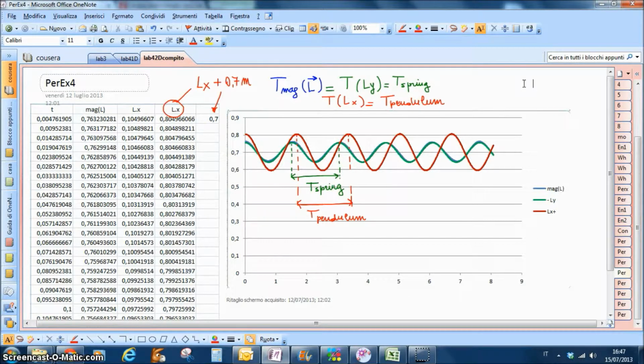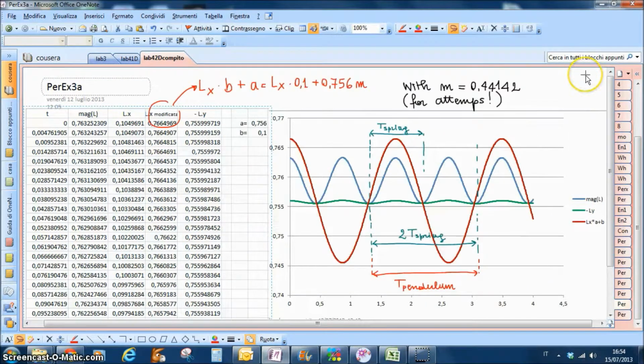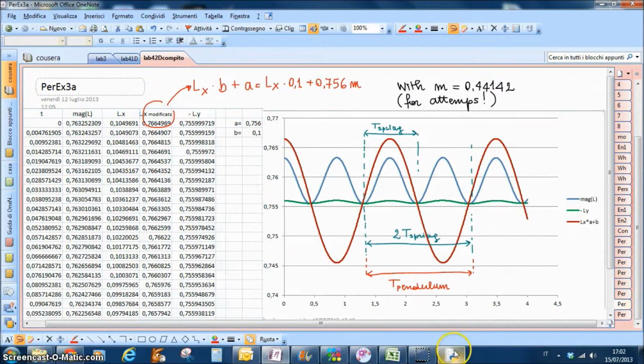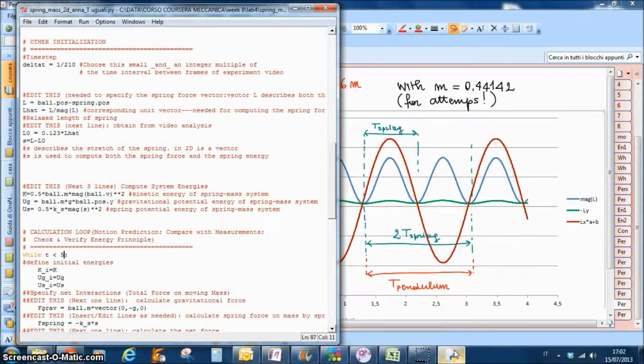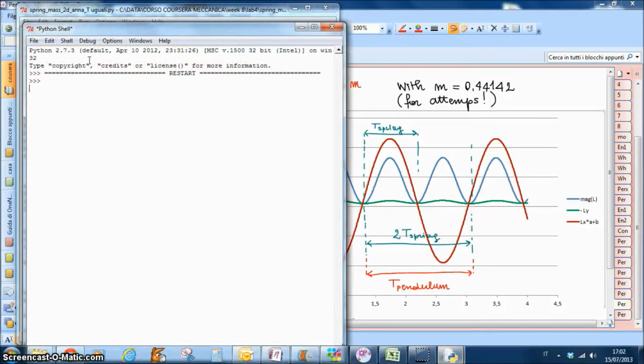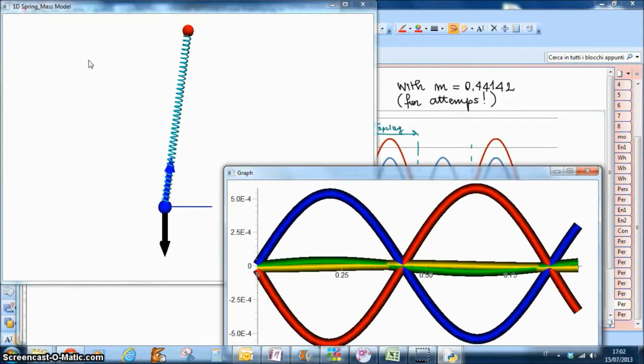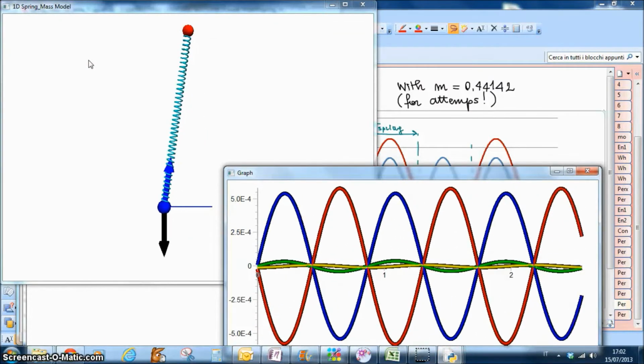The period of Lx is the period of the pendulum swing, and these two periods are different. By trial and error, I found the value of mass for which T pendulum is twice T spring. The computational model for this new mass is here, and if we run the program, we see that the trajectory is the same for each swing.